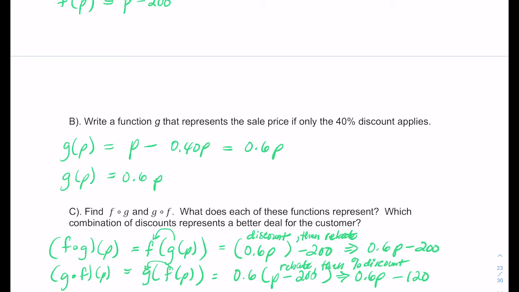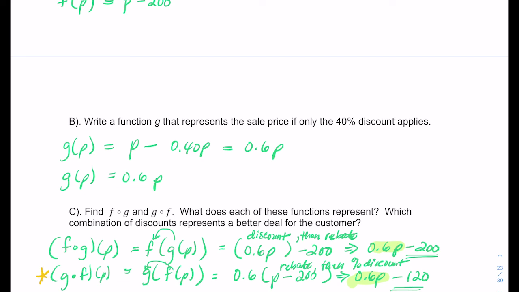Okay, so which one's the better deal? So if you look at both of these, you can easily see they both have a 0.6p, but this one subtracts $200, whereas this one's subtracting 120. So which one's the better deal?